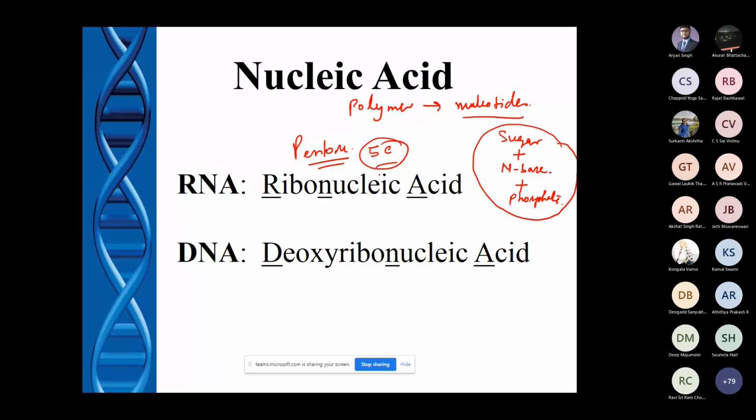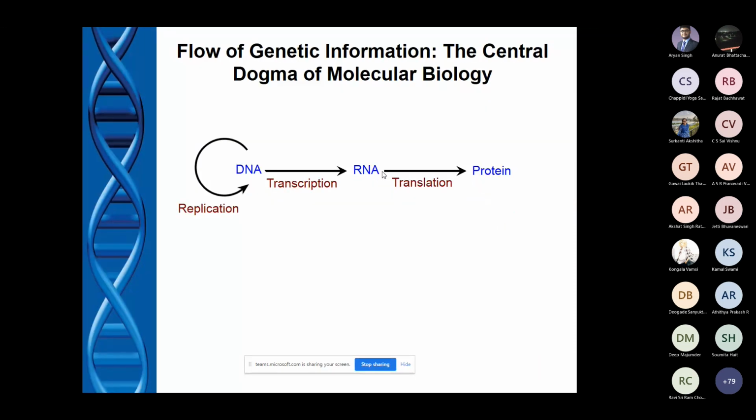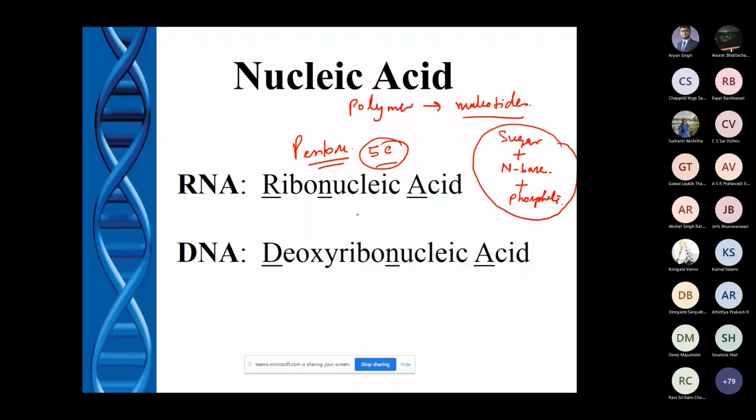Now if you see here, this pentose sugar, in ribonucleic acid, is ribose, and in deoxyribonucleic acid, it is deoxyribose. So one oxygen is less in this sugar. I will show you with the structure where it's missing and what it does actually. That is the major difference.